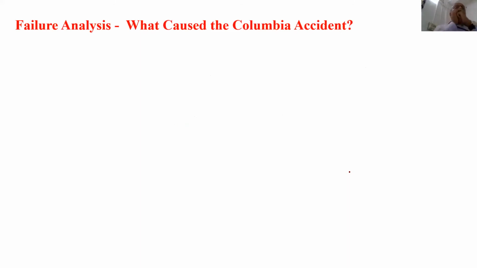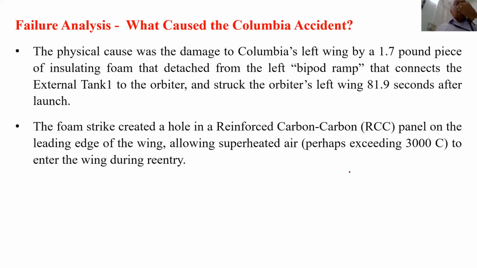So one of history's biggest failure analysis studies was carried out to find out what caused the Columbia accident. It turned out that the physical cause was damage to Columbia's left wing by a 1.7 pound piece of insulating foam. That insulating foam got detached seconds after launch, and that foam strike created a hole in a reinforced carbon-carbon panel on the leading edge of the wing.